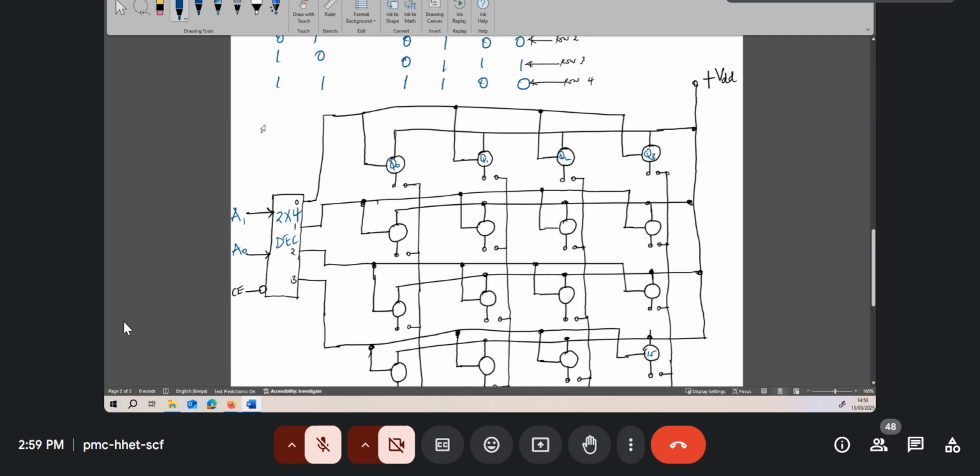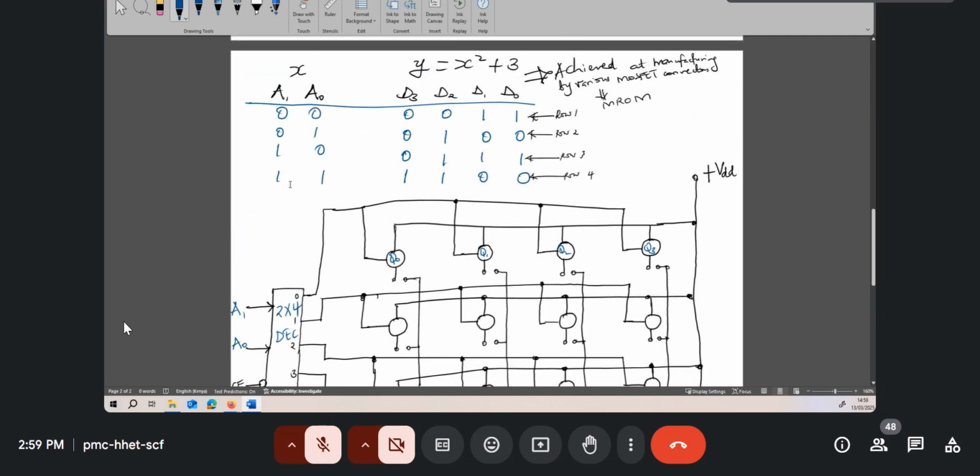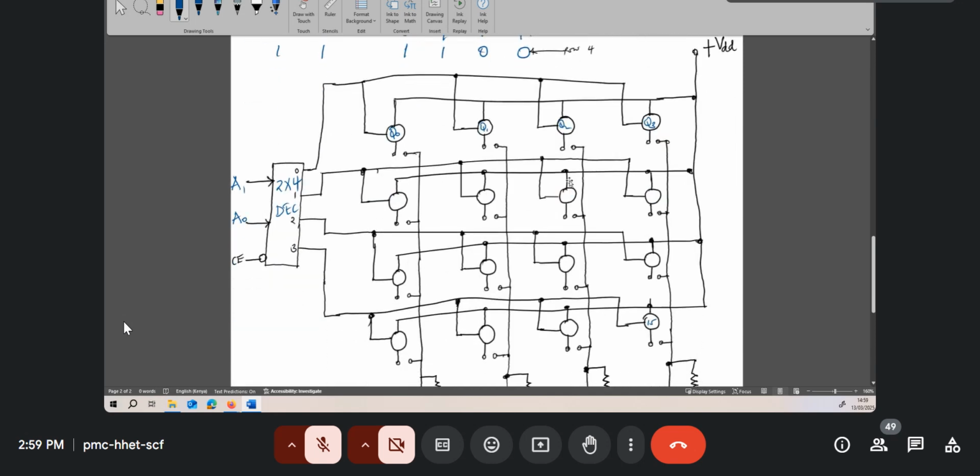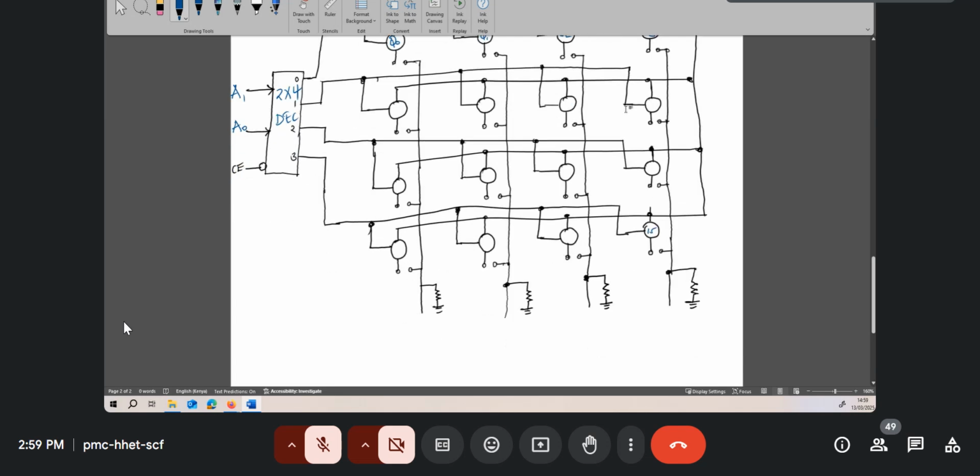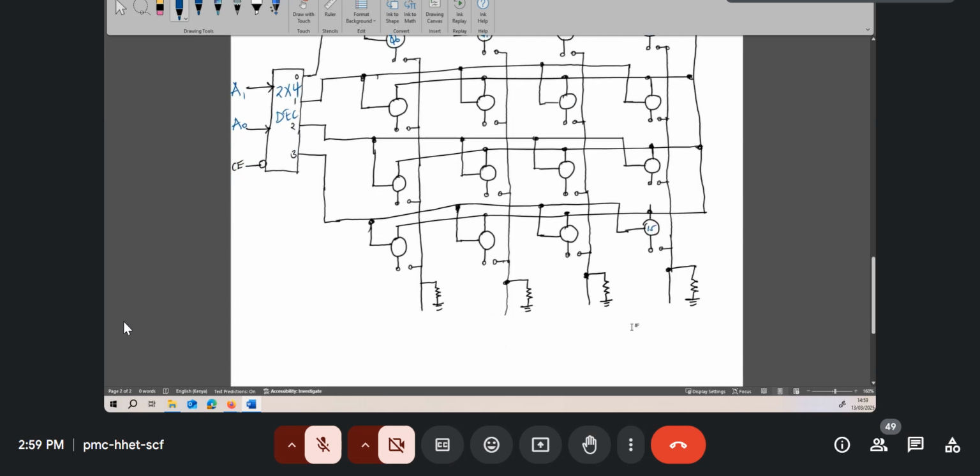So at least now with this, if you want to read the value of y, the output, when x is 0, then just 0, 0 is fed here, and that has the effect of selecting this memory location whose data will appear in these outputs.